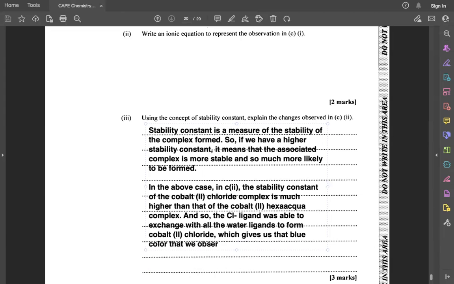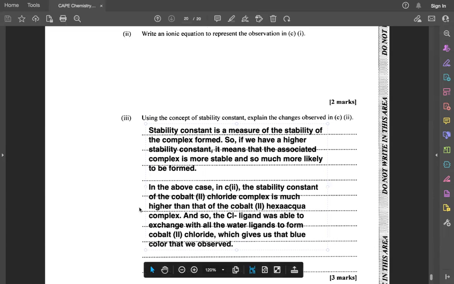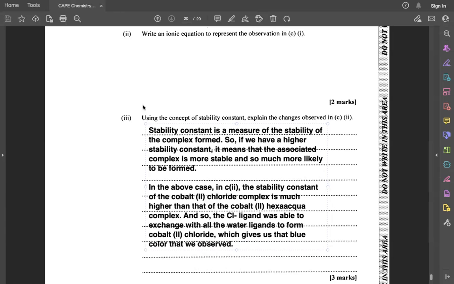Okay? So that's pretty much it. Your stability constant is governing what complex gets formed, or which ligand prevails, which ligand wins, okay? So that's really what this is testing, our understanding of what a stability constant does, okay? So yes, this is the answer for part 3.